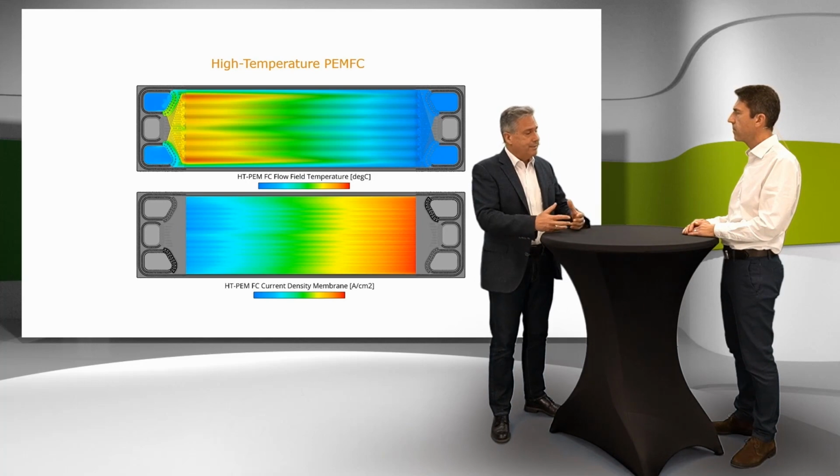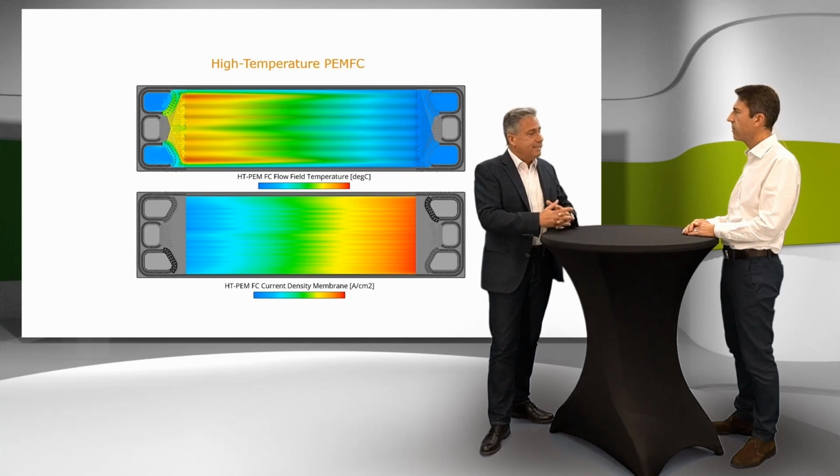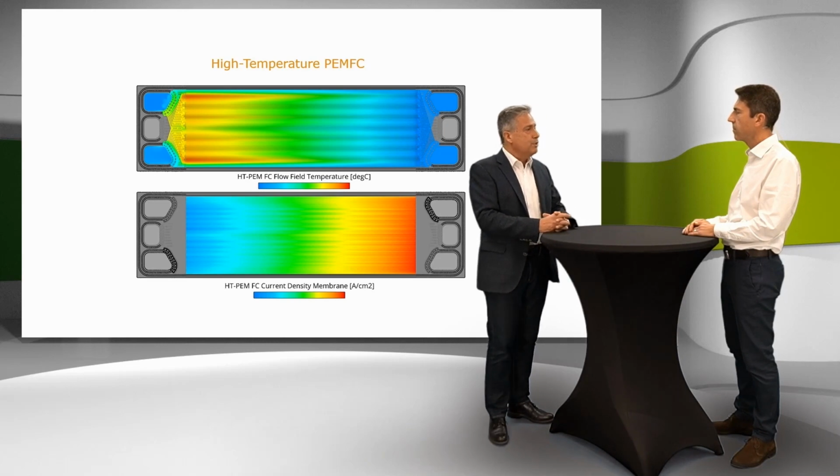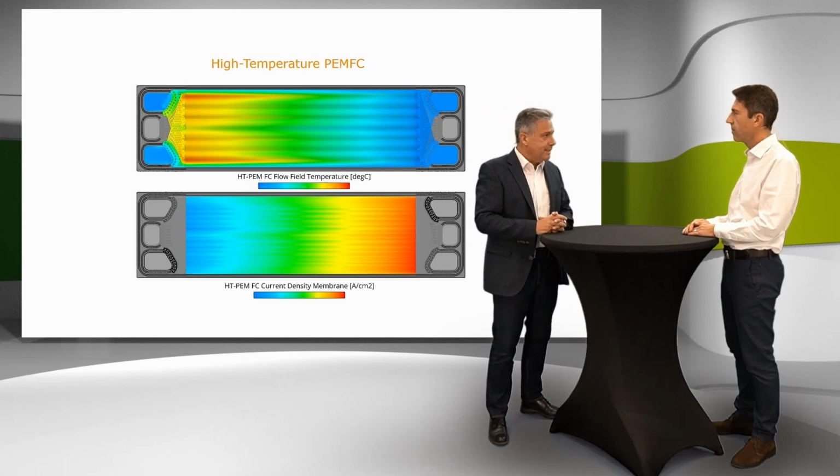It's operated in the range of 130 to 180 degrees C, is less sensitive to the hydrogen purity, and due to the fact that there's no liquid water produced and transported in the system, the BOP system is kept more simple.